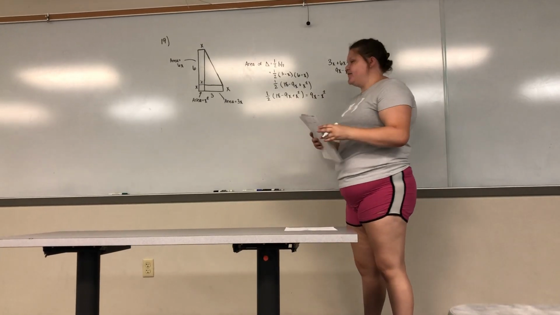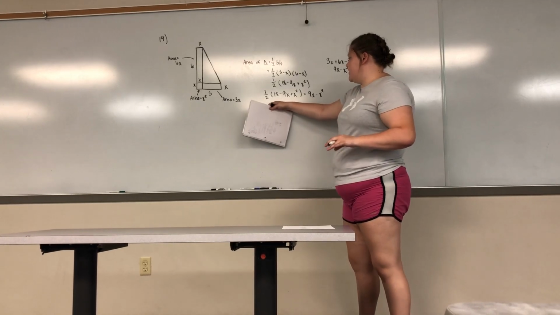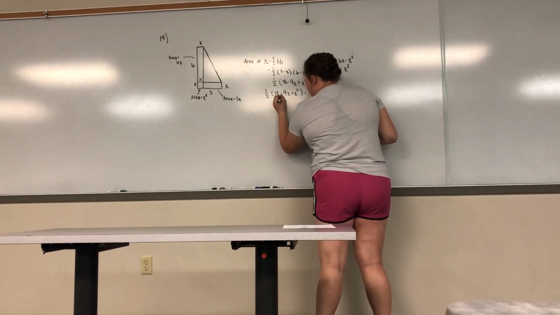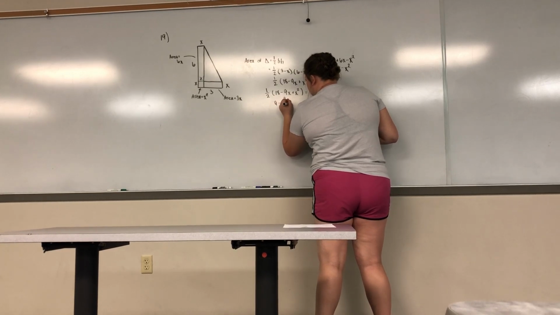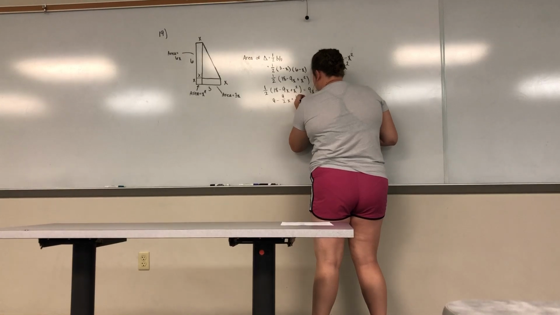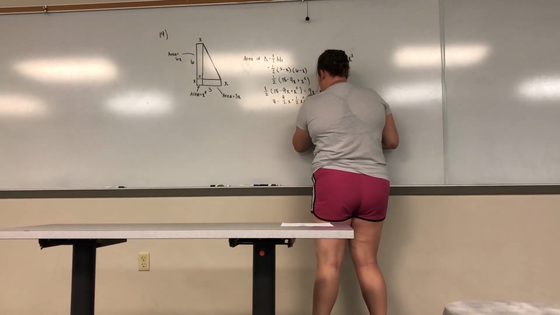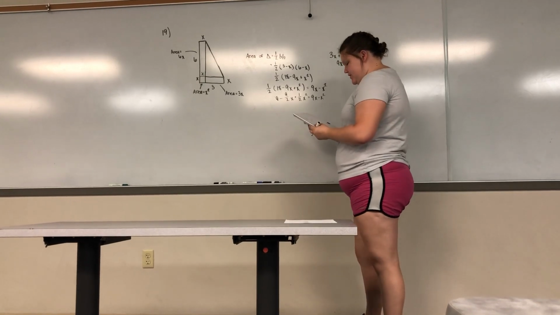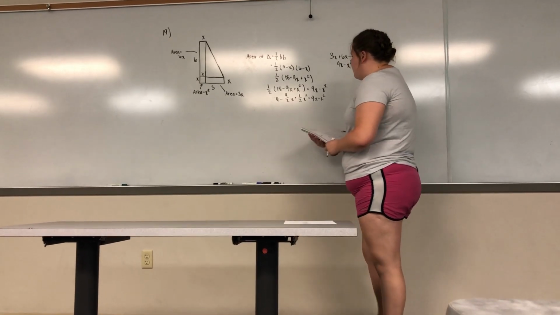So the first thing that we have to do in order to solve this is run the 1/2 through. So we get 9 minus 9/2 x plus 1/2 x squared. Okay, and then what we can do is start to solve for x.